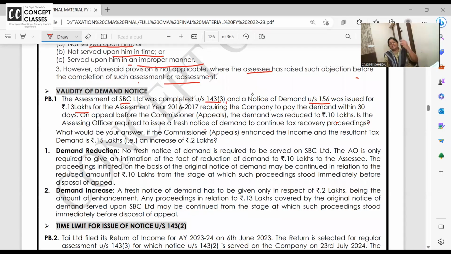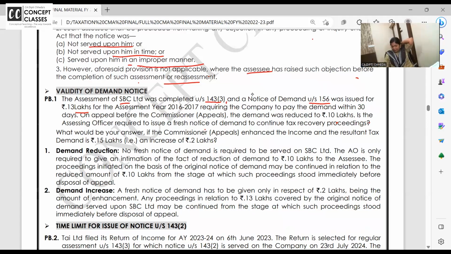Already 13 lakhs they have issued the demand, but we went to Commissioner Appeals और कमिश्नर अपील से फाइट करके we reduced to 10 lakhs. So now the notice of demand is not 13 lakhs, it is 10 lakhs. So they are asking, should a fresh notice be issued? Answer is no. No need to issue a fresh notice.